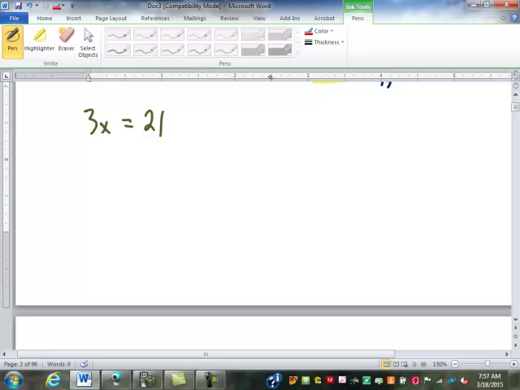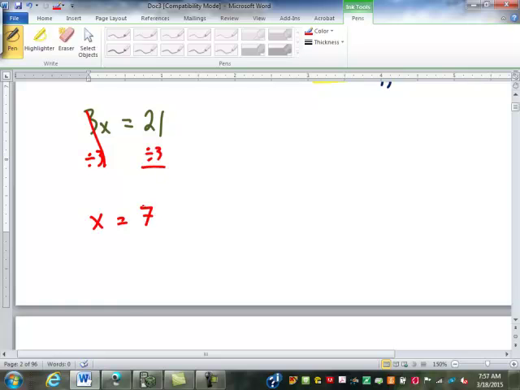To take it apart or to solve it, we did the opposite. The opposite of multiplying by 3 is dividing by 3. We call that inverses. Dividing by 3 literally undoes the multiplying by 3, leaving us with just x. Dividing by 3 over here gave us 7.